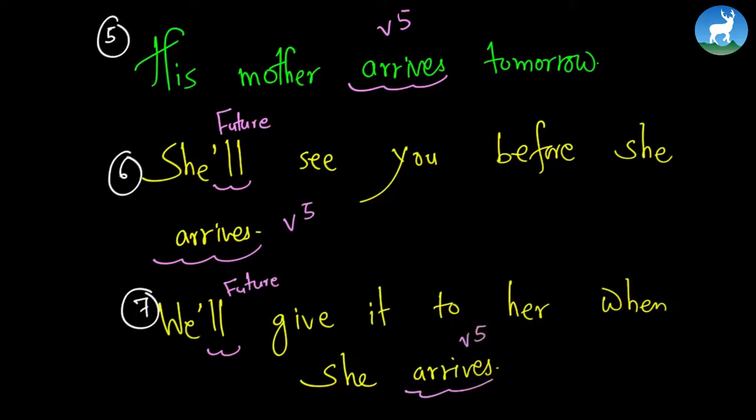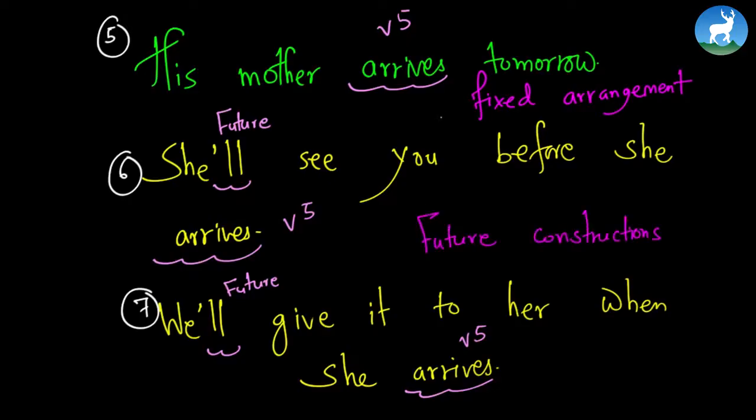Now if you look at the uses of these sentences, the first one actually talks about a fixed arrangement. The second and third, number 6 and 7, deal with future constructions. His mother arrives tomorrow, or I can say something like, our holiday starts on the 26th of March. This one in particular talks about a fixed arrangement, and the second and third, the 6th and the 7th, deal with future constructions.